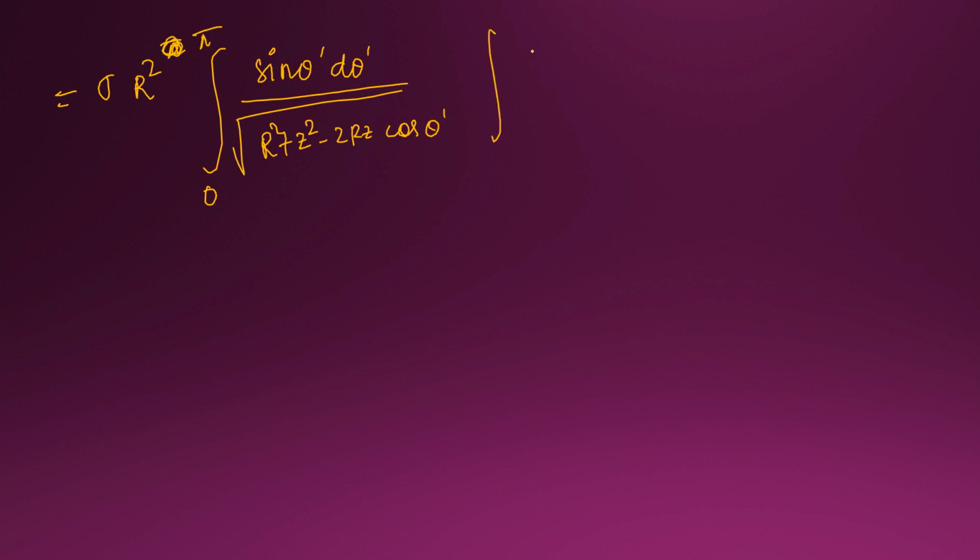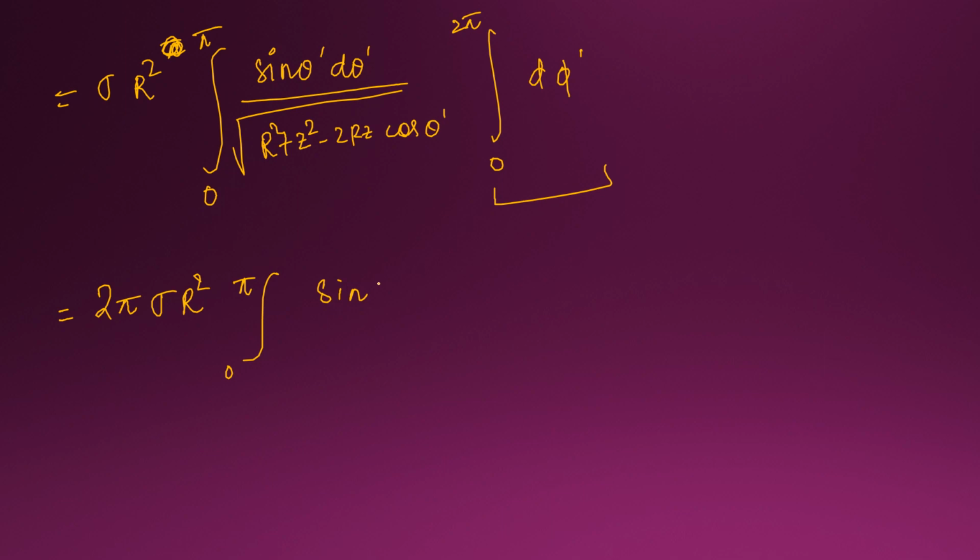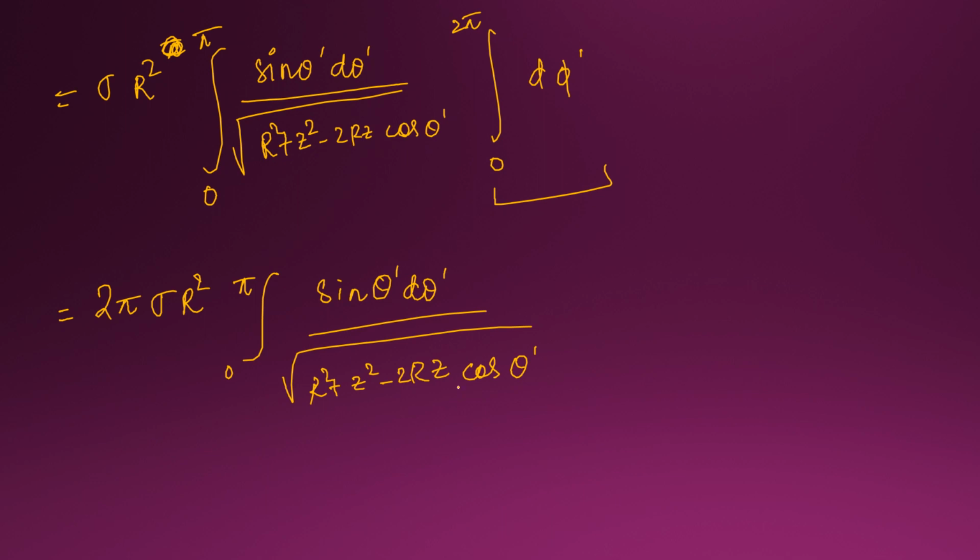Then d phi dash is another integration, from 0 to 2 pi, so 2 pi will come out. Now you just have to do the integral from 0 to pi of sine theta dash d theta dash divided by R square plus z square minus 2 R z cos theta dash.